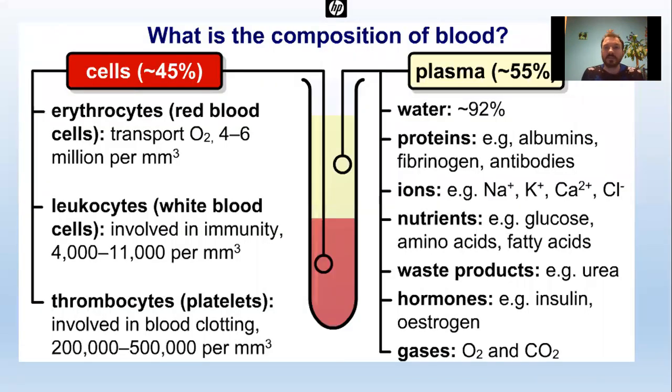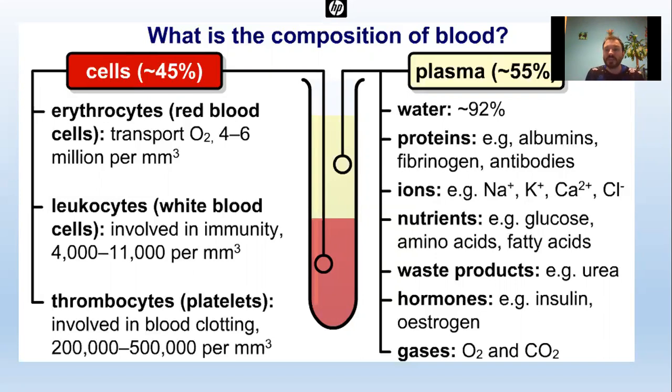So blood is actually made up of two main parts, the plasma and then the cell component. Within the plasma, that's mostly water, but it's also where you find important proteins like antibodies. You find lots of dissolved salts, so sodium ions, potassium ions, that are all really important for nervous transmission, for example.